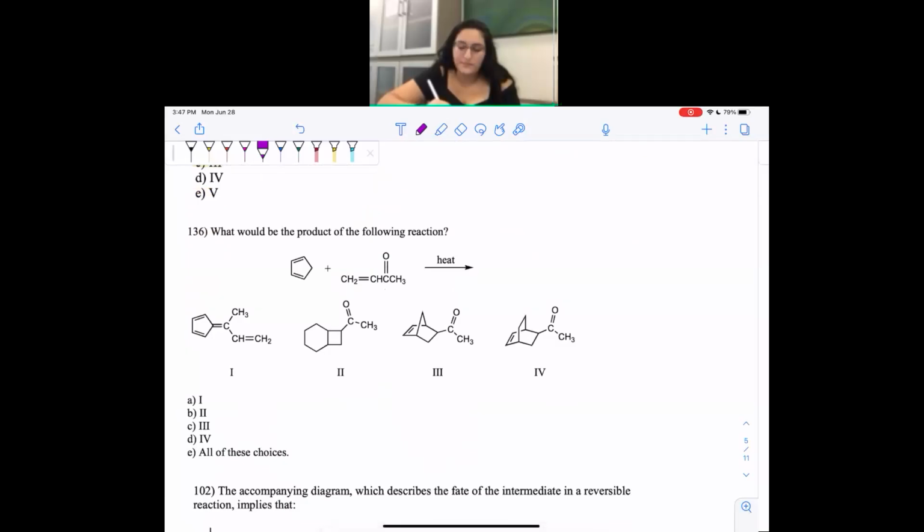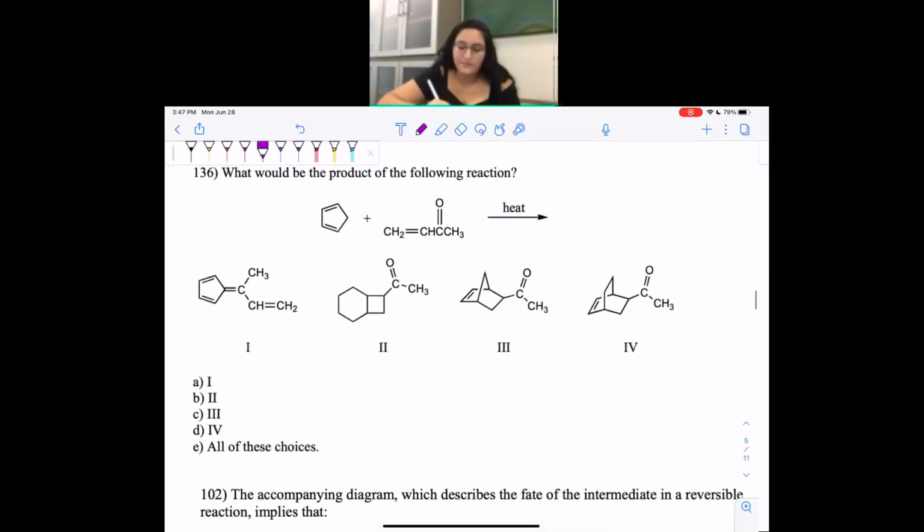So for this guy, it's a Diels-Alder question, and I'm going to show you how to do it real fast. So we have a 5-membered ring with a double bond. So we know we're going to have bicyclic with one carbon in the bridgehead. This is the only answer that is bicyclic with one carbon in the bridgehead.